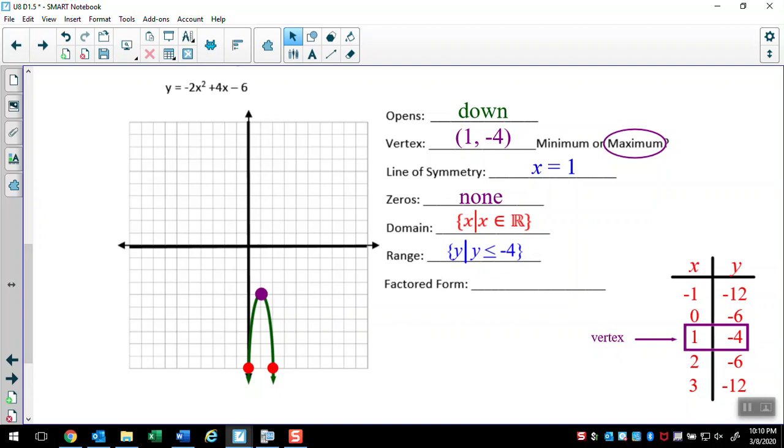Now, if my leading coefficient is negative, I'm actually going to factor out a negative number. So in this case, I'm going to factor out a -2. So my factored form will be y equals -2 times (x squared minus 2x plus 3). When I factor out that -2, remember that means I'm going to divide everything by -2. That changes all the signs when I divide.